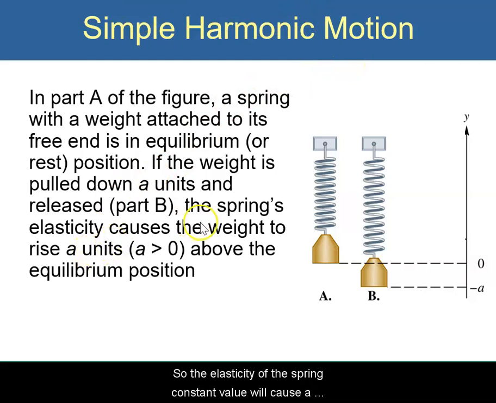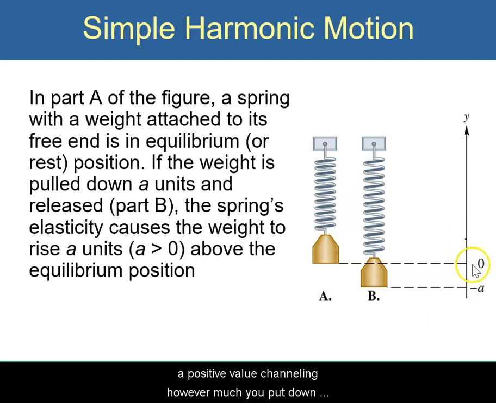So the elasticity of the spring, which is a constant value, will cause A to then go to a positive position. So here we're calling this the downward force because we're pulling it down. So our A is negative, and the elasticity of the spring, right, the spring constant, will force the spring back up above the equilibrium point to a positive value.